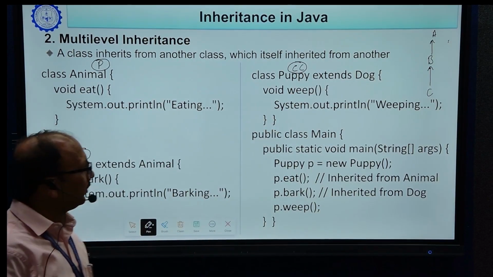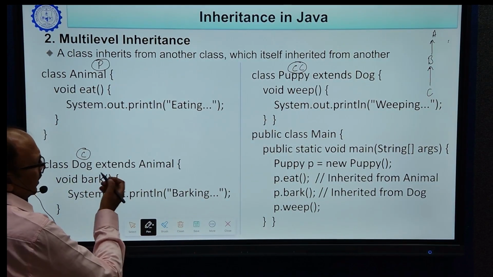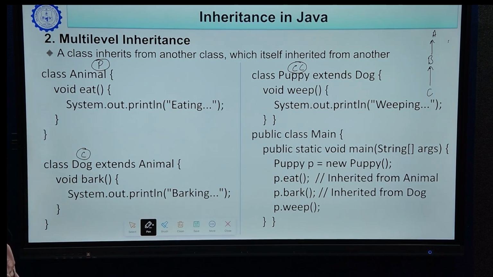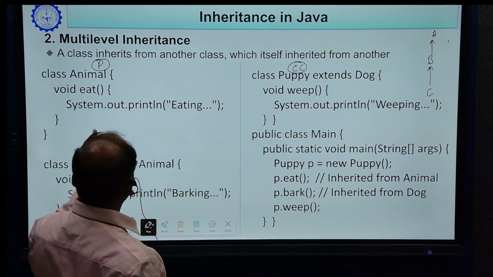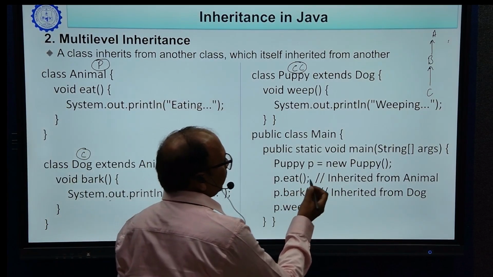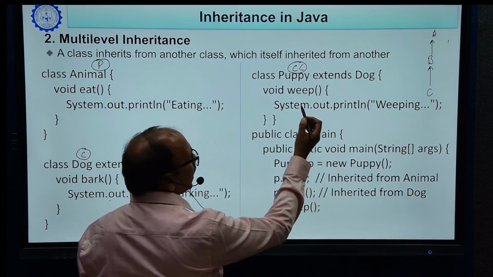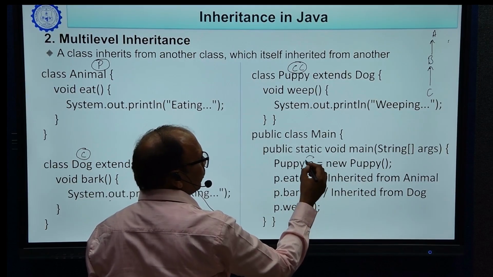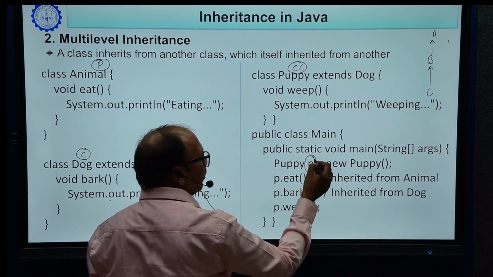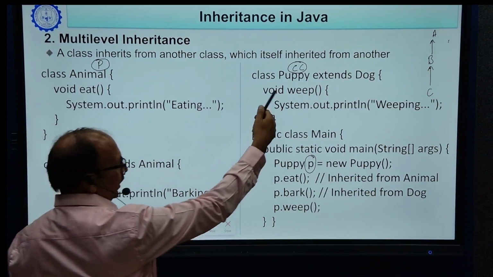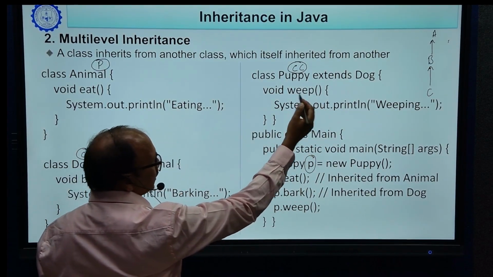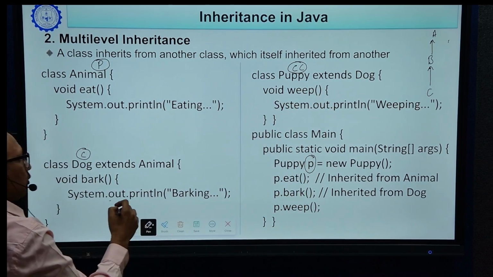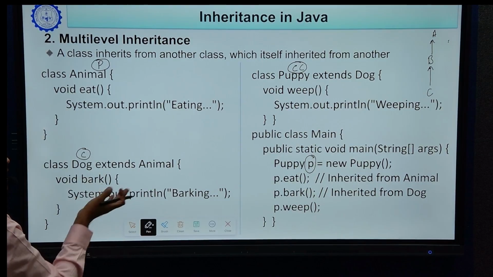So we have multi-level inheritance, and we use the extends keyword in inheritance, right? These are the three methods: eat, bark, and weep. When we create an object of the child of child class, P, this object P can access all the methods of itself, whatever methods are defined in the class, and also all the methods of the parent class and parent of parent class.